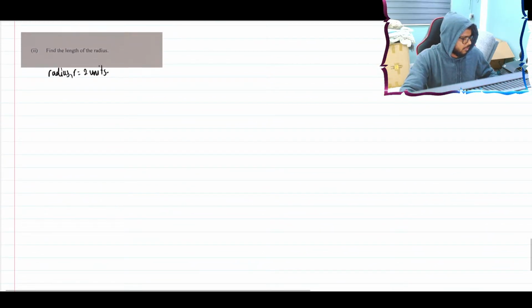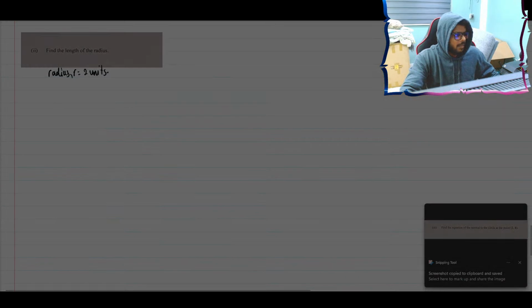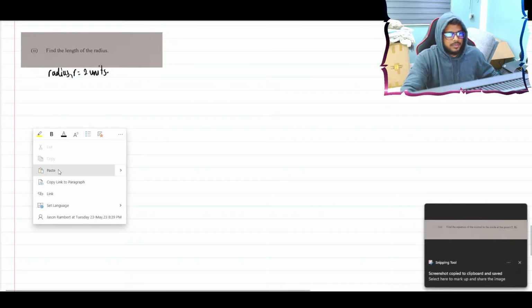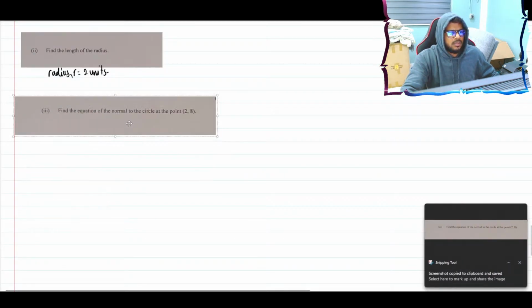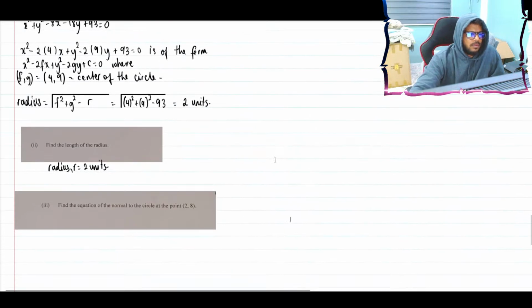Find the equation of the normal to the circle. A sketch is going to be your best friend here. Equation of the normal to the circle at the point (2, 8). So let O be the center, which we got to be (4, 9), and let A be (2, 8).